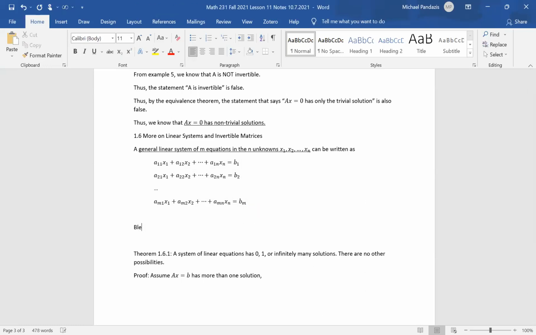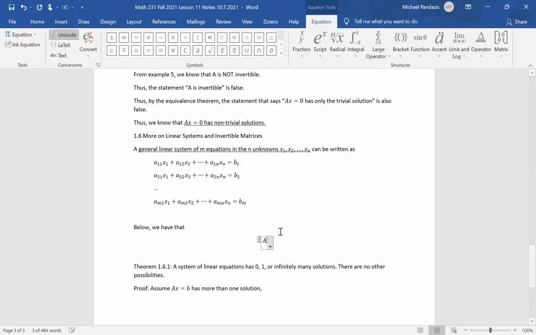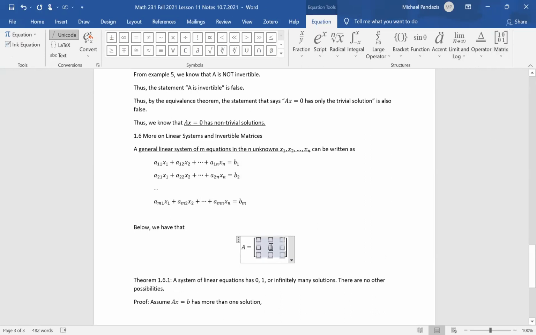So below, we have that matrix A is equal to the coefficient matrix, where I'm not writing all the entries. That would be A11 dot dot dot, this would be A1n, dot dot dot.